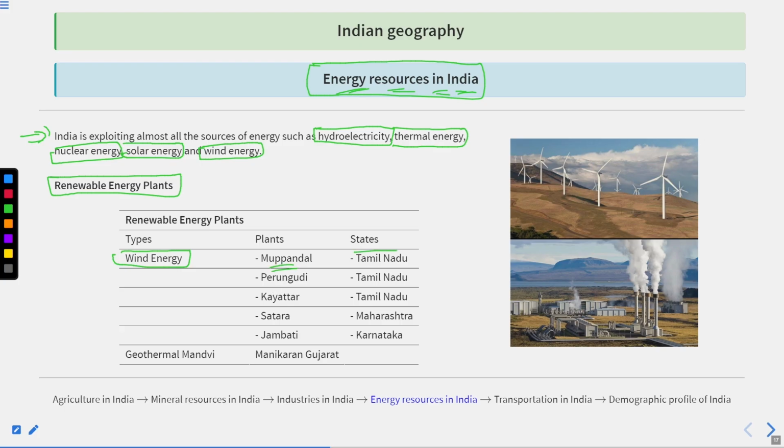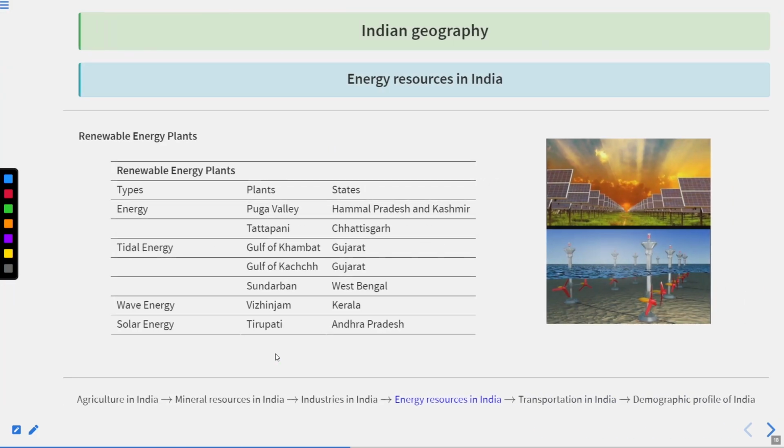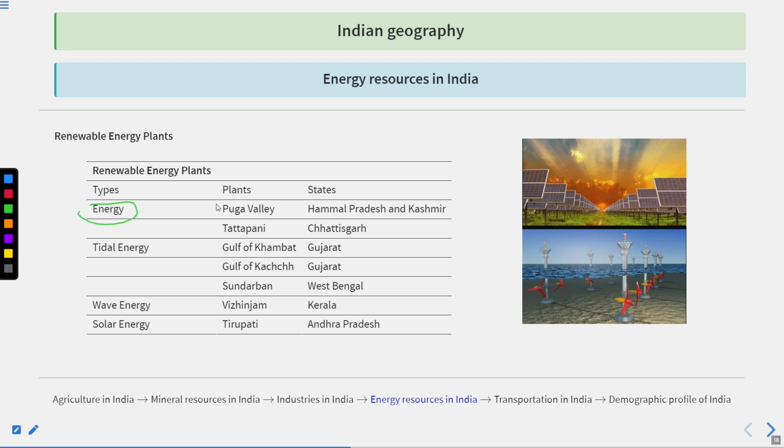Wind energy: Muppandal, Tamil Nadu; Perungudi, Tamil Nadu; Kayathar, Tamil Nadu; Satara, Maharashtra; Jamgaon, Karnataka. Geothermal energy: Mandvi, main area is Manikaran, Gujarat; Puga Valley, Himachal Pradesh and Kashmir; Tatapani, Chhattisgarh.